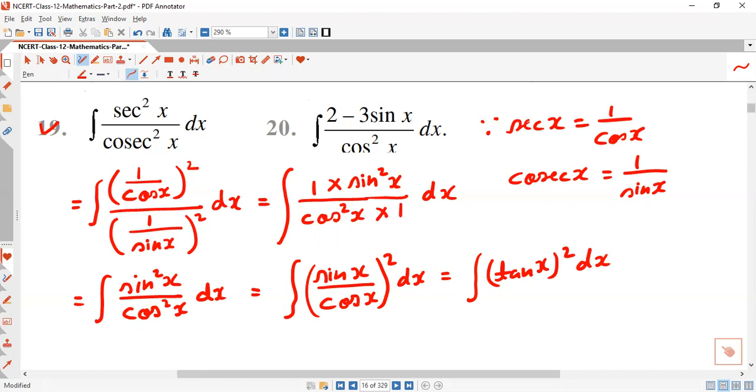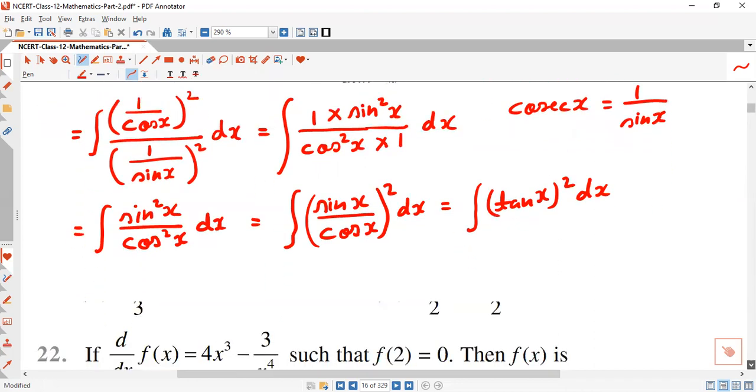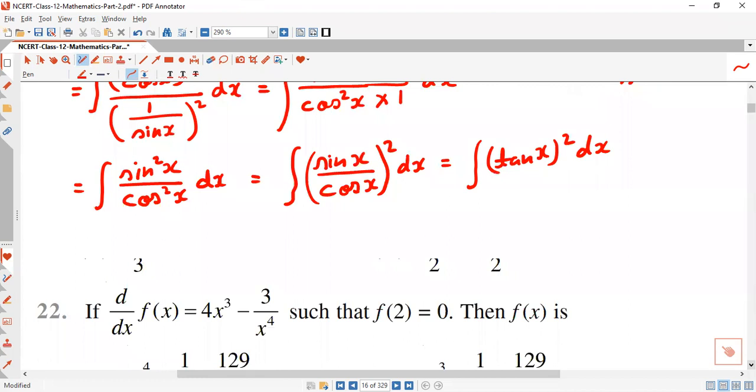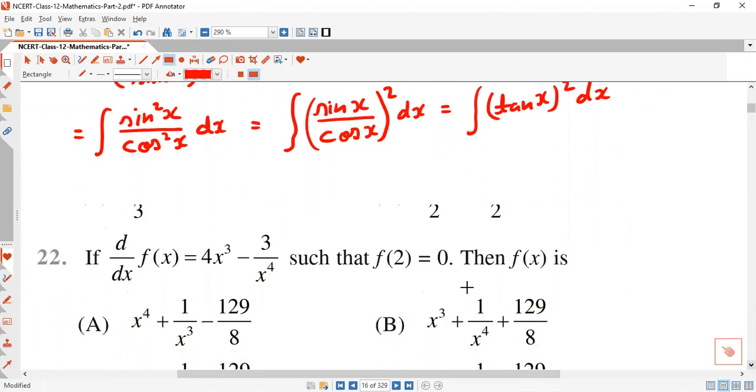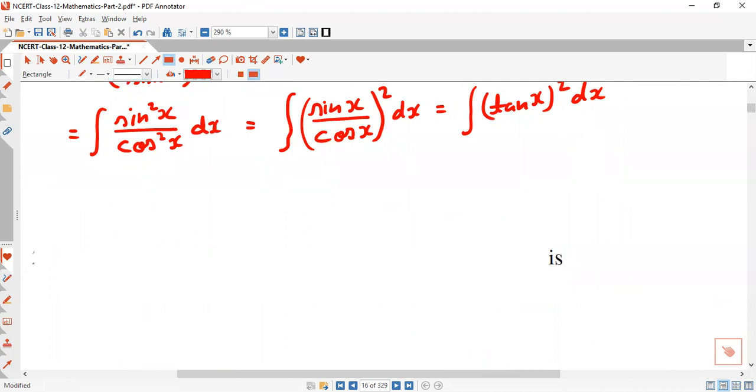Now this question becomes a simple integration of tan square x dx. But we don't know the formula for tan square x dx. So we use a formula again.